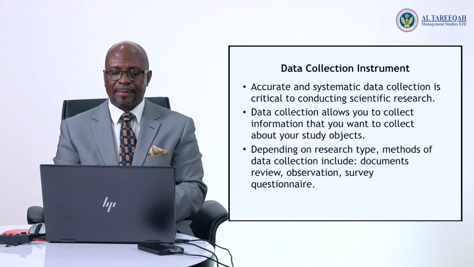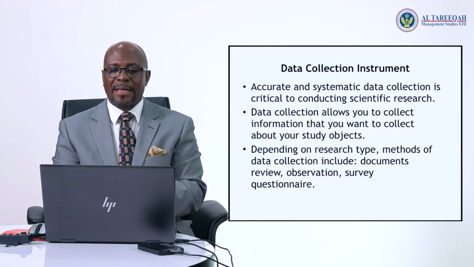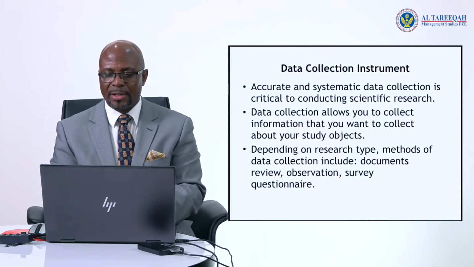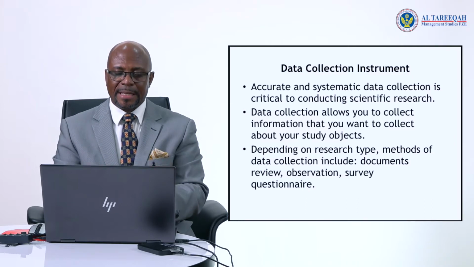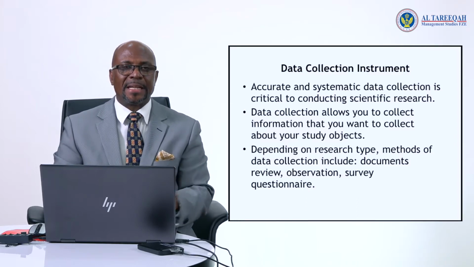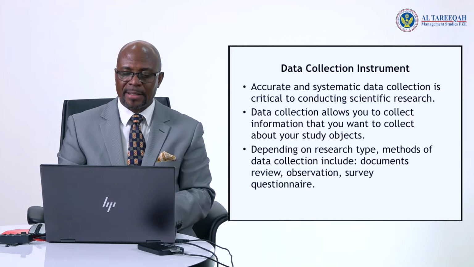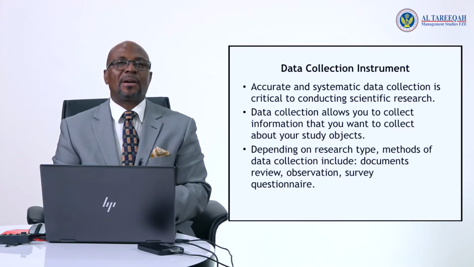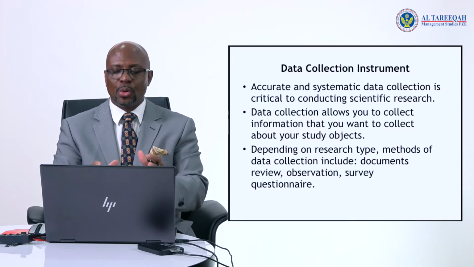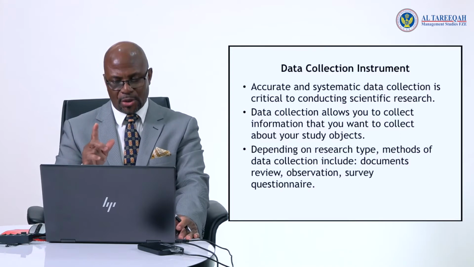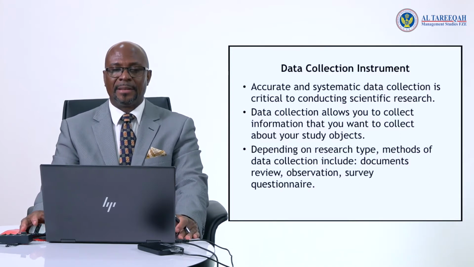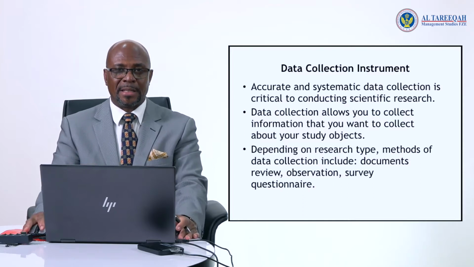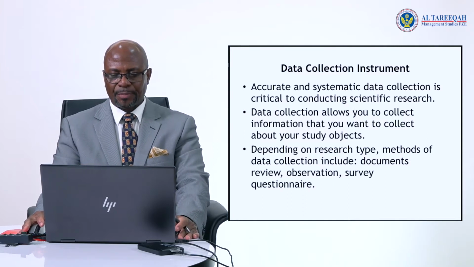It is said that accurate and systematic data collection is critical to conducting what? Scientific research. So you should take this section very, very seriously. Data collection allows you to collect information that you will need in order to answer your research questions.